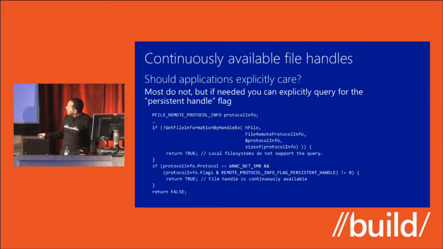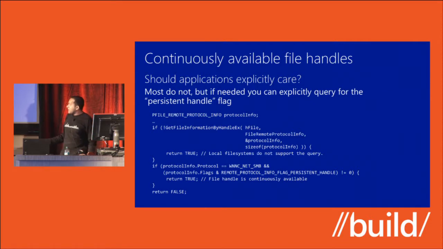There's a way to query it, and it can be done in Windows. I've illustrated the Win32 API, GetFileInformationByHandle, and you can query for this file remote protocol information, and it has a bit which says the handle is persistent. So if you want to explicitly query for persistent handles and the kind of guarantees they offer, you can query for this, and maybe log a warning or something.